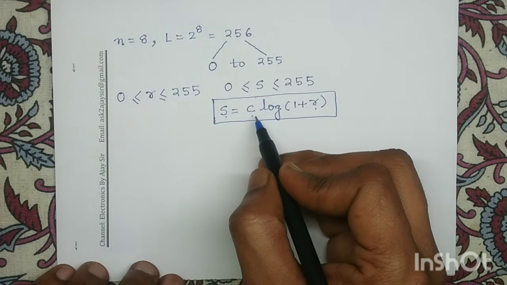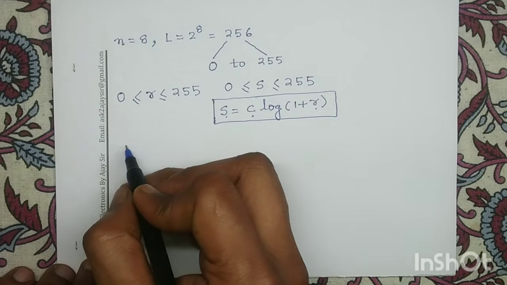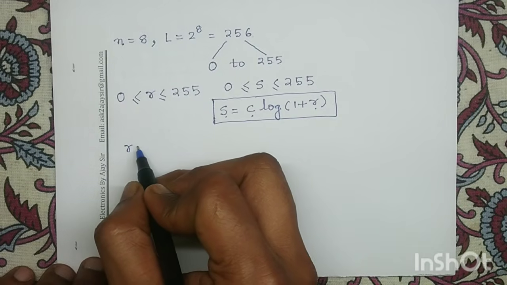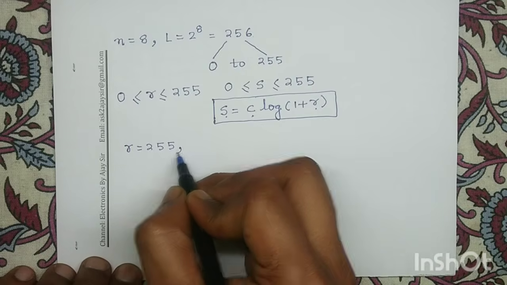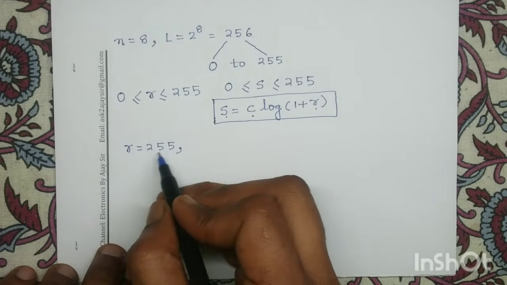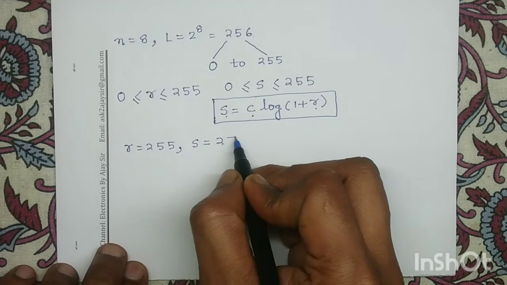So in order to perform the logarithmic transformation for an 8-bit digital input image, we have to determine the value of c. For the same, we will apply the boundary condition: when r equals 255, our output intensity level s is also equal to 255.